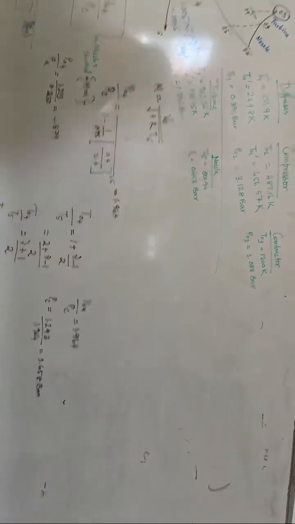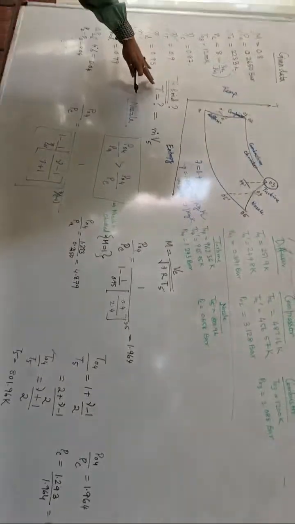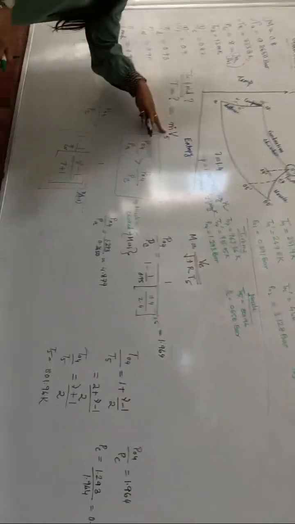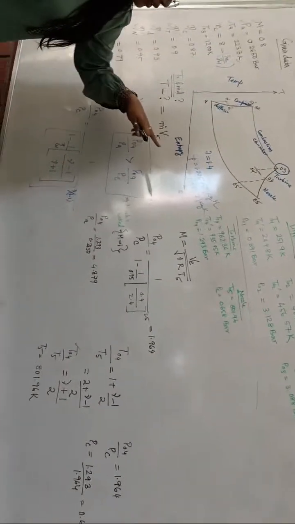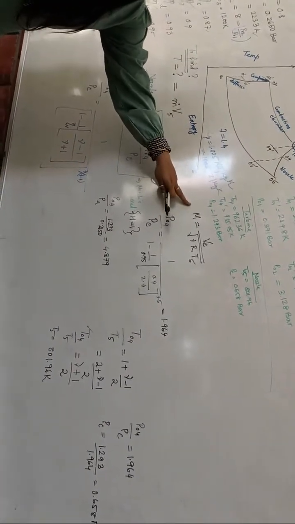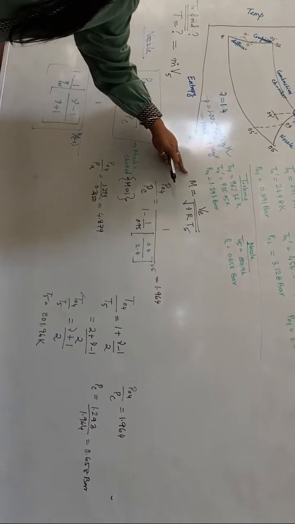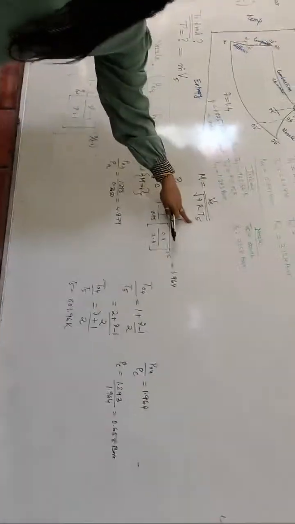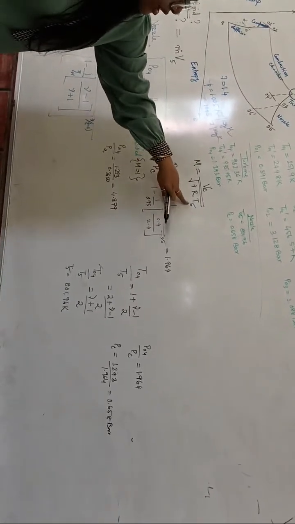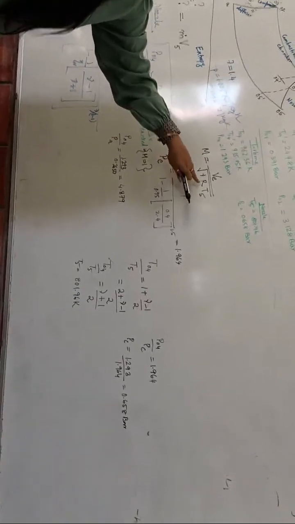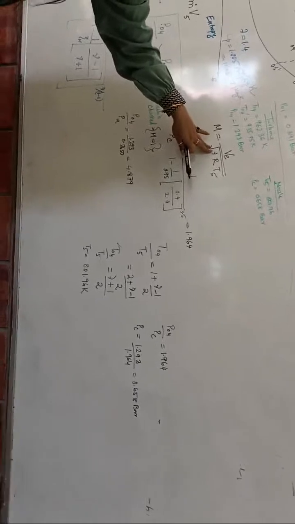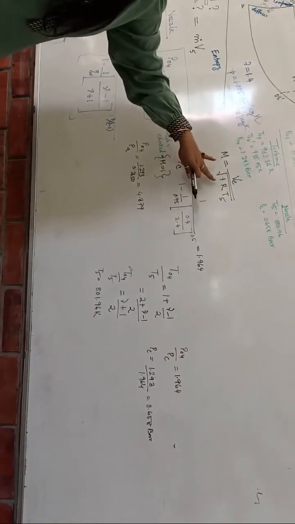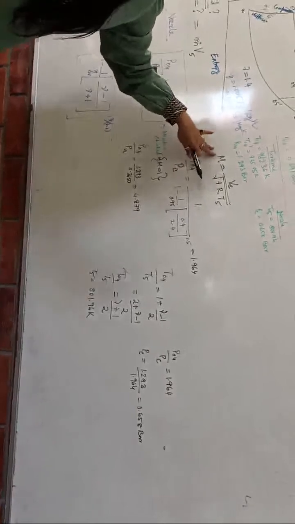Now, what is our moral of the story? What do we have to find? You have to find the thrust. To find the thrust, our point is to find the velocity. We know the Mach number is 1. Now, how can we find the velocity? We know Mach number equals V by root over gamma RT. So the T5 value we substitute here, the constant R value 287, gamma is 1.4, Mach number is 1.